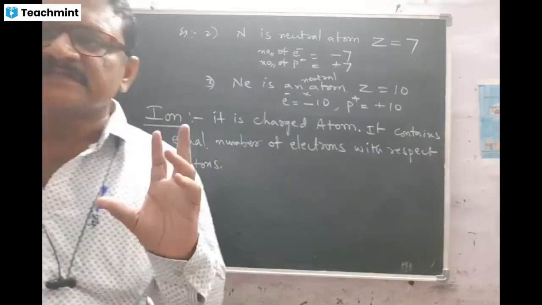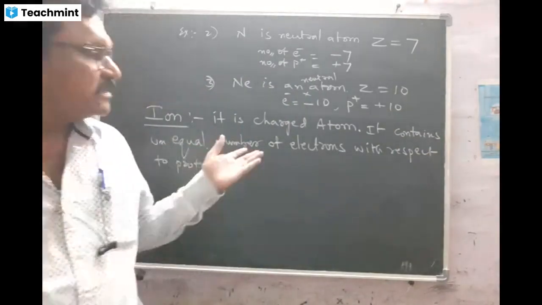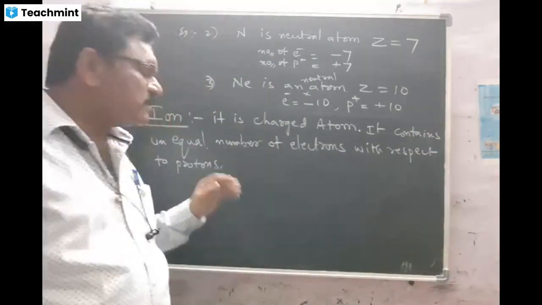So that means ion means having unequal number of electrons and protons.